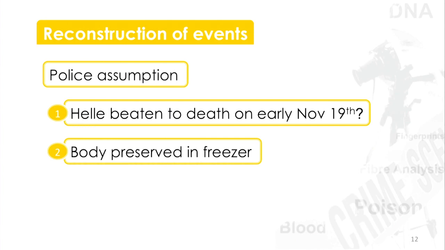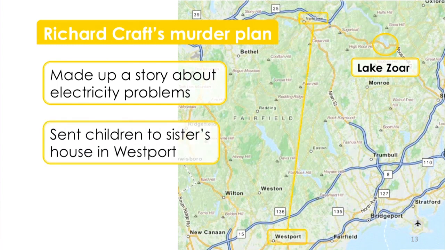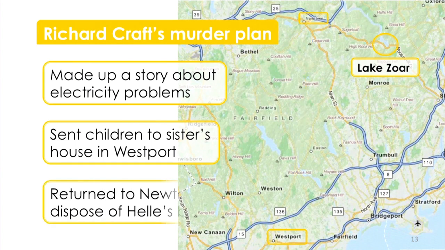Now, he had made up a story about some electricity problem, and he'd used this as an excuse to take the children and the nanny to his sister's house, which is in Westport down the road. So he dropped the children and the nanny off at Westport, and then he'd return to his own home back in Newtown. Now, of course, he was alone in the house, and he could do whatever he wanted.